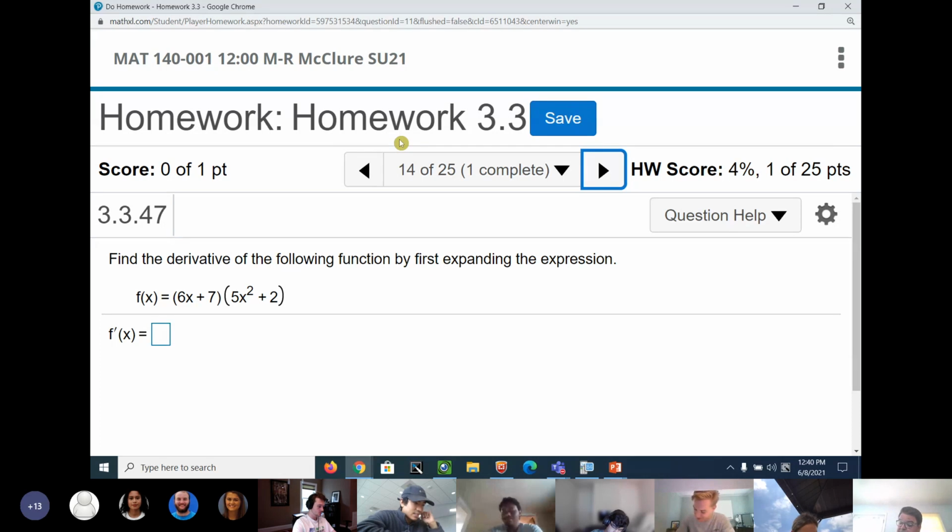f of x is equal to 6x plus 7 times 5x squared plus 2. And yes, this is a test question.